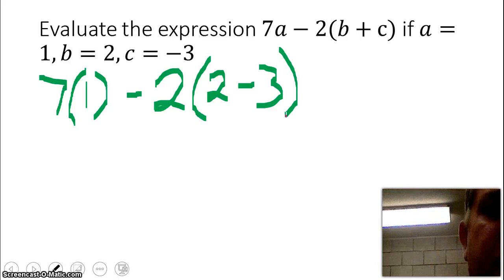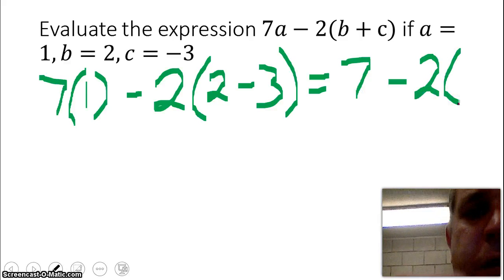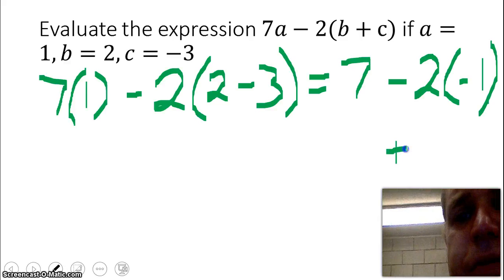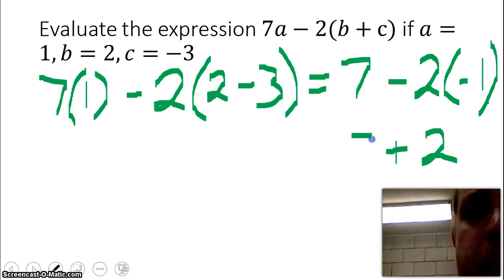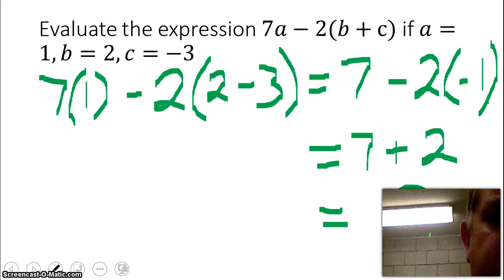Well, I'm glad you asked. We're going to start with the brackets. So 7 times 1 is 7, minus 2 lots of 2 minus 3 is minus 1. So we've got minus 1 times minus 2 is plus 2. And we've got 7 plus 2, which is 9.